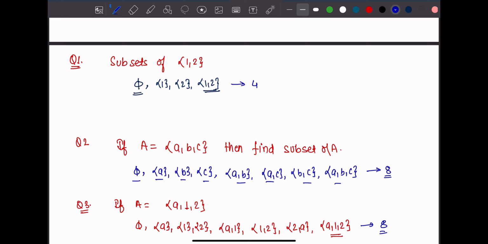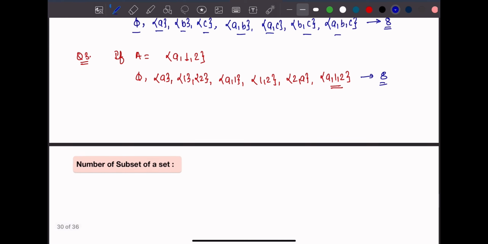Suppose the number of elements we have is 3, we are getting 2 power 3 as 8. If the number of elements we have is 2, that means 2 power 2, we are getting 4. The formula is 2 power n, the pattern.